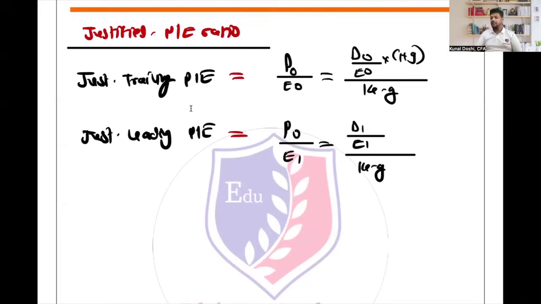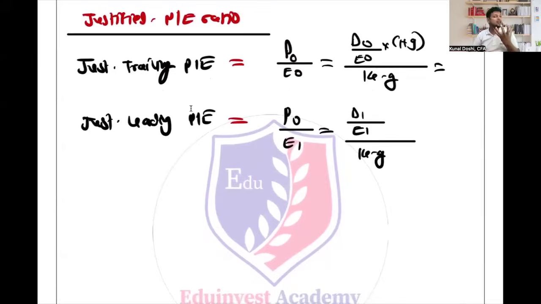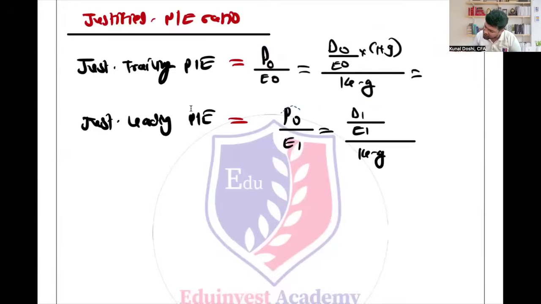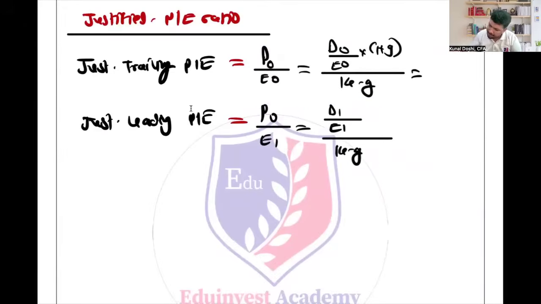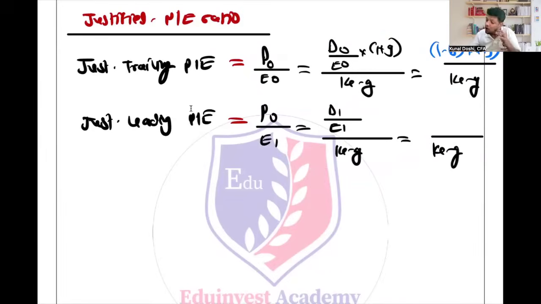Now, if you carefully notice D1 over earnings, this is nothing but your payout ratio, which is 1 minus retention ratio. So here payout ratio is 1 minus retention ratio. Retention ratio, we use a term called B. So payout ratio is 1 minus B into 1 plus growth over cost of equity minus G. Here also it's going to be in the denominator, there's no difference, cost of equity minus G, but there is no need of growth.